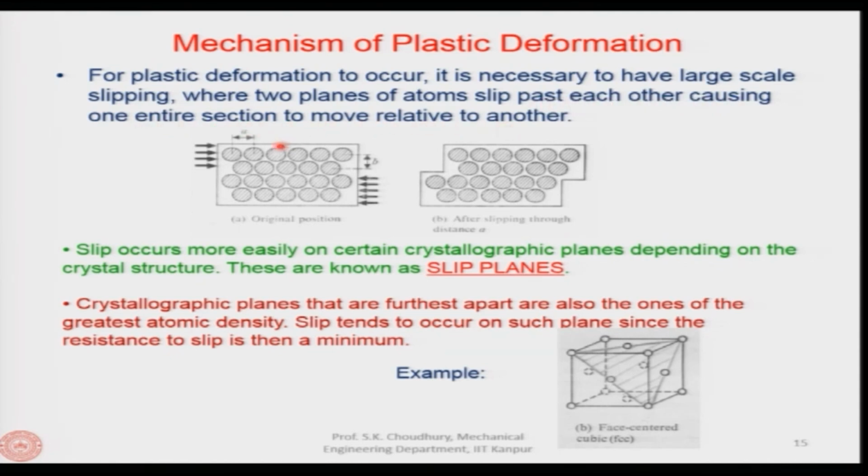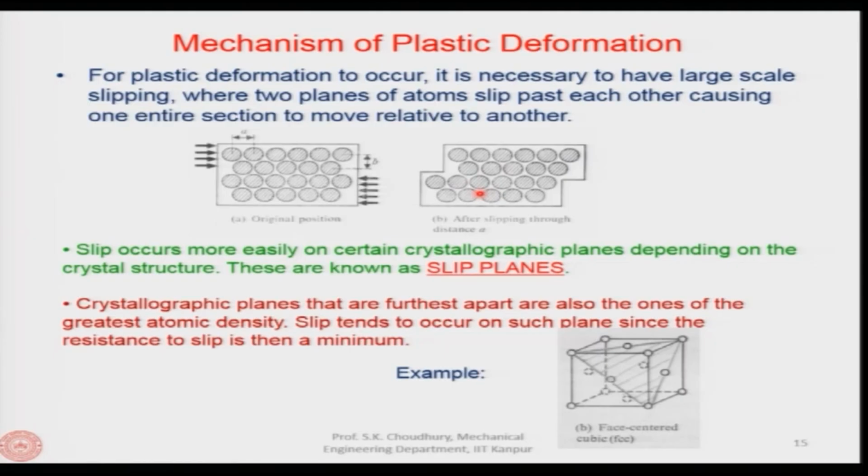Now, when we have the lattice structure where the atoms are in equilibrium position, and we apply some stress, for example a shear force, one full layer of atoms moves with respect to another layer.